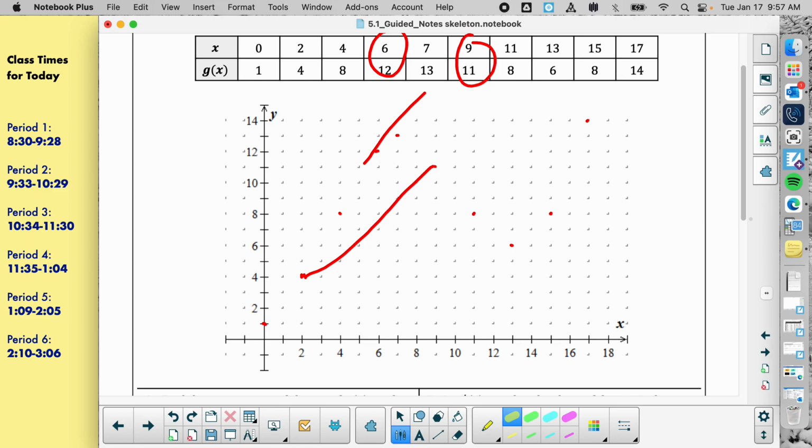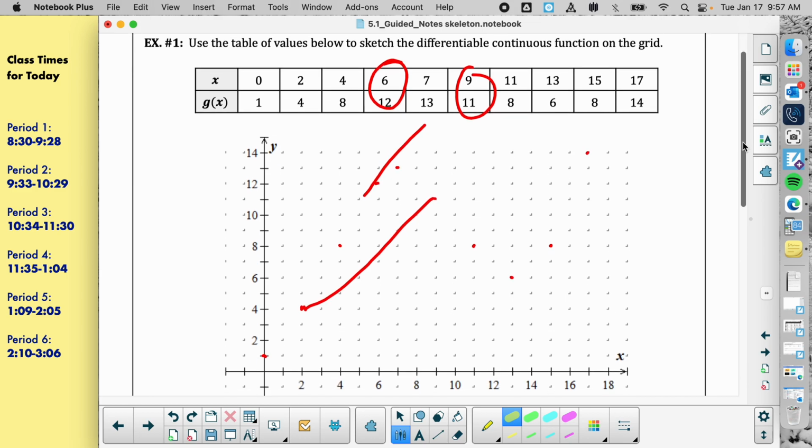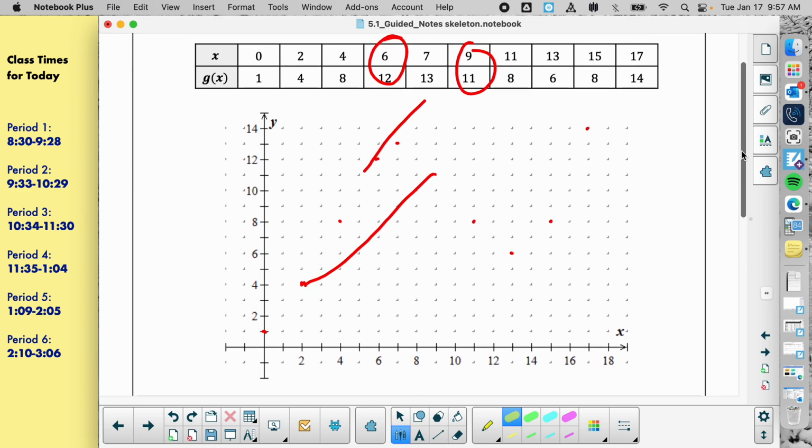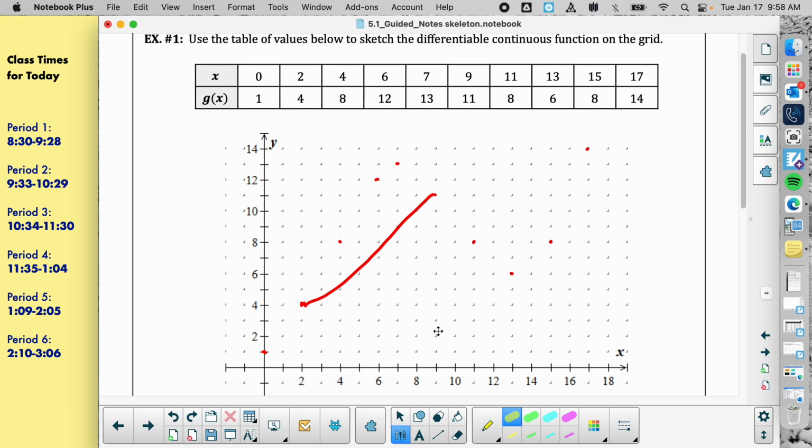You can't find it out, or you just do the approximation thing: 13 minus 12 over 7 minus 6. We can try to estimate the slope, but we don't actually know for sure what the slope is. Wait, let me do this. 13 minus 12 over 7 minus 6. Is it 3/2? That looks like about 3/2, I don't know. I didn't count them.